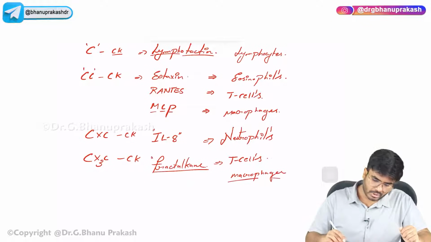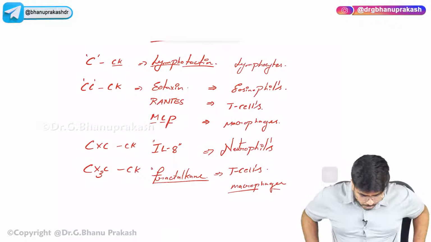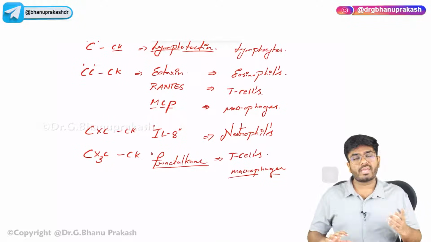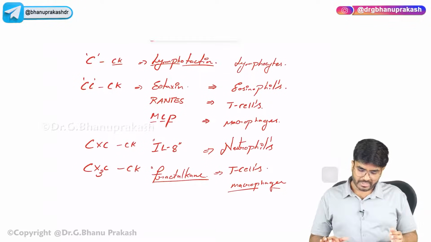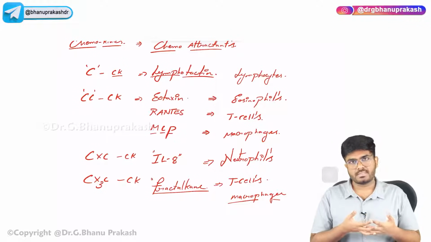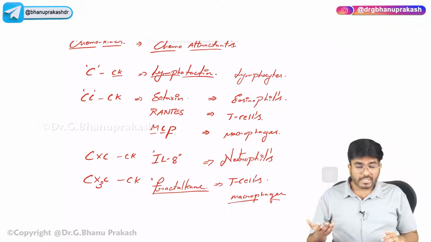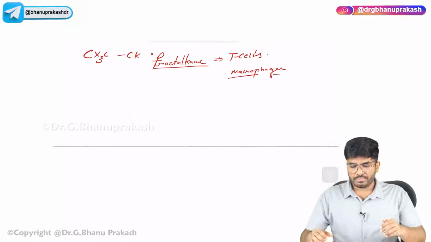So chemoattractants are also completed. How many types of chemokines are there in total? C type, CC type, CXC and CX3C type of chemokines. For example, in your exam, a question can be something like eotaxin CC, Rantis CC, fractalkine CX3C, interleukin 8 CXC, something like that. So chemokines are also completed.